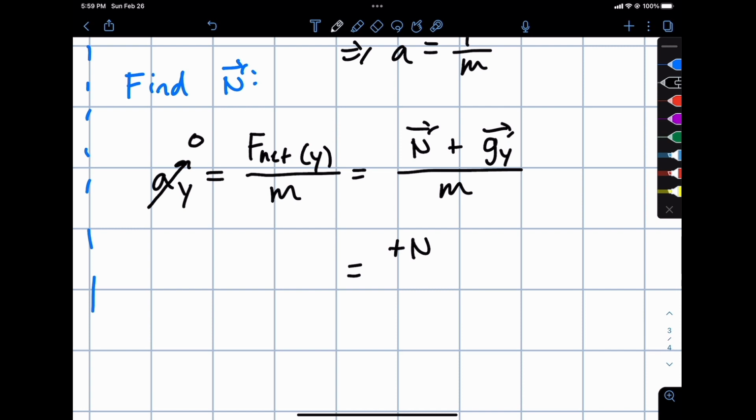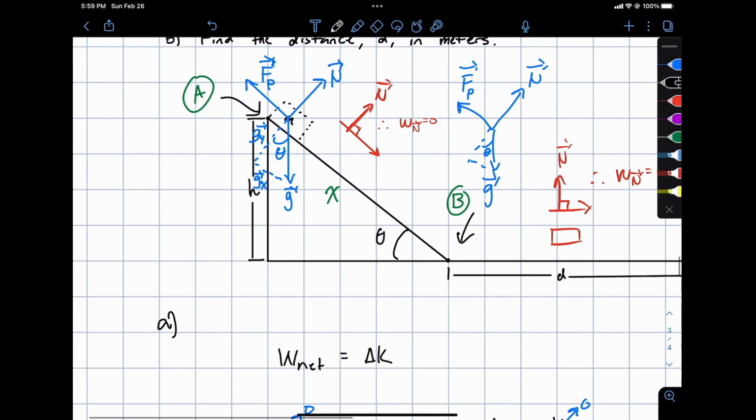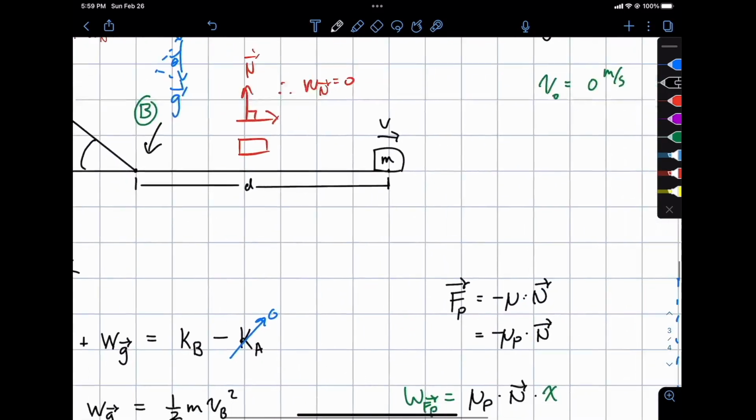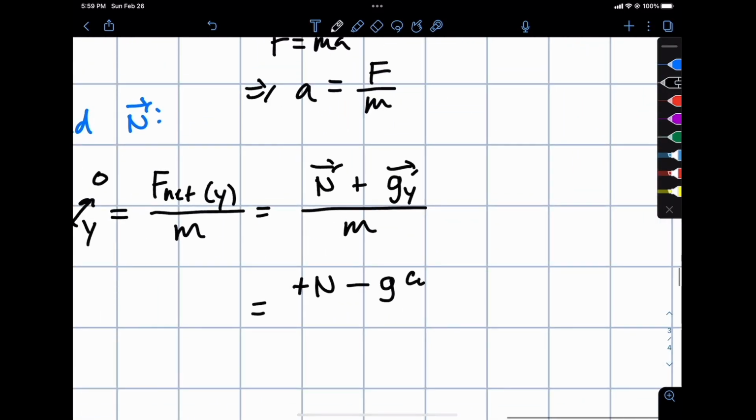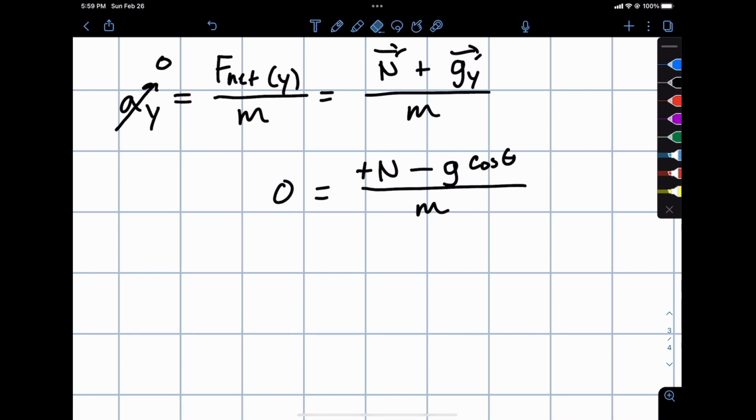And g of y is going in the negative direction, so minus g. And what is g of y? g of y is g cosine theta. So (n minus g cosine theta) over m equals 0. Notice that I also deleted the arrows because I put the signs. That's why I removed my arrows.